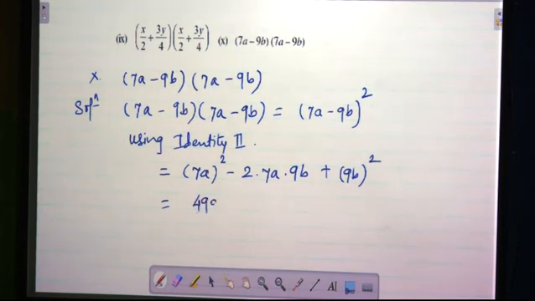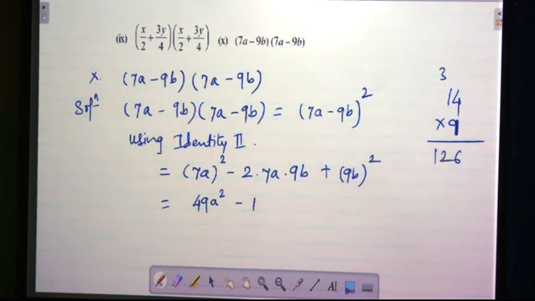This becomes 49a square minus, this is what? 2 7s are 14, 14 9s are, how much is 14 9s? We shall do the rough calculation here. 9 4s are 36, 9 1s are 9, and 9 plus 3 is 12.